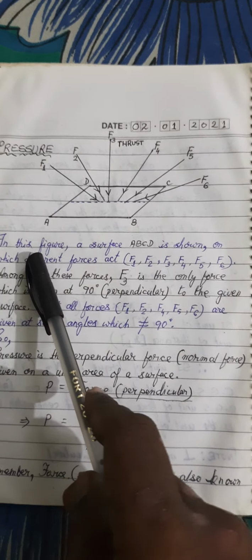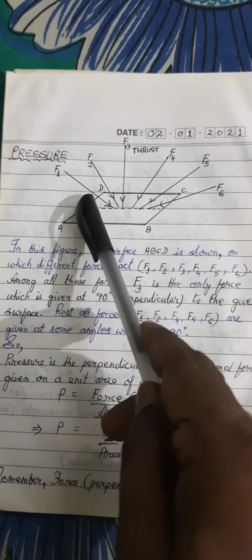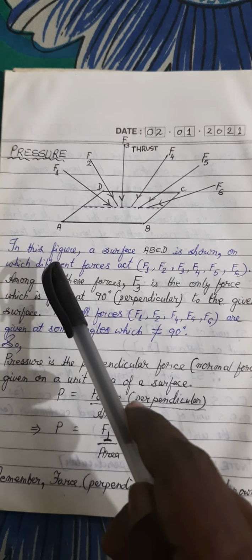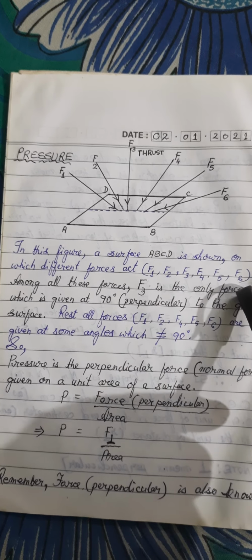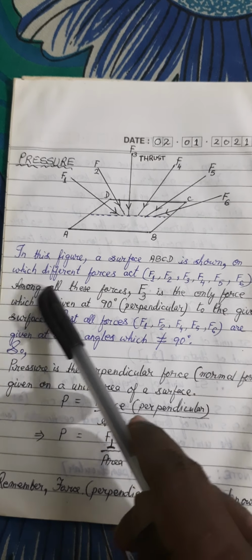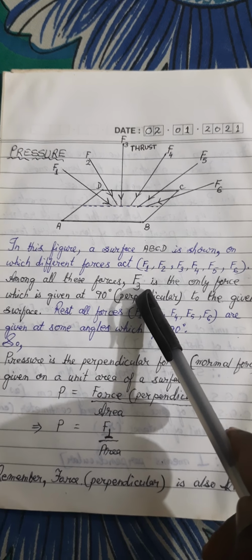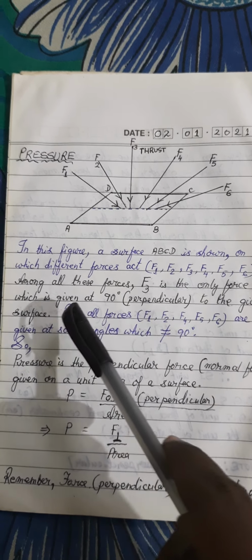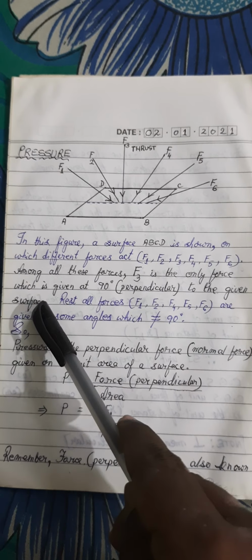So in this figure, a surface ABCD is there. This is ABCD, the surface. In this, from F1 till F6, I have drawn 6 forces acting on this body. Among all of them, it is only F3 which is at 90 degrees, that is, perpendicular to the given surface.